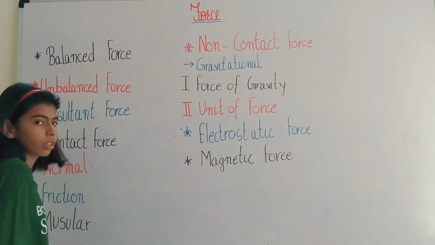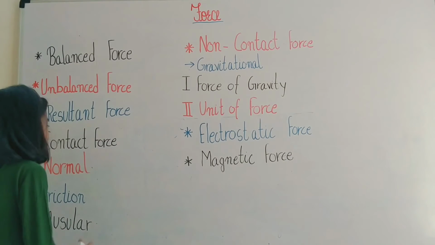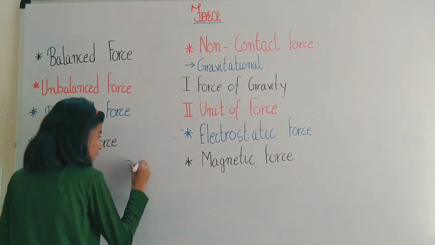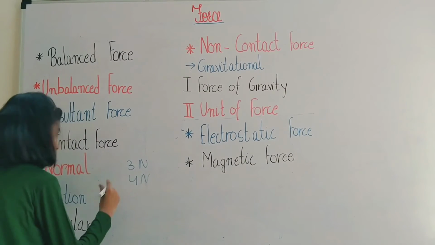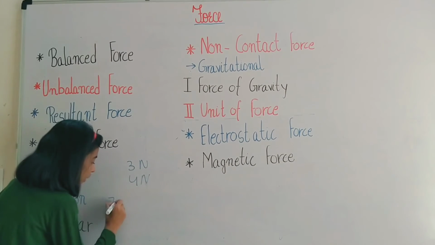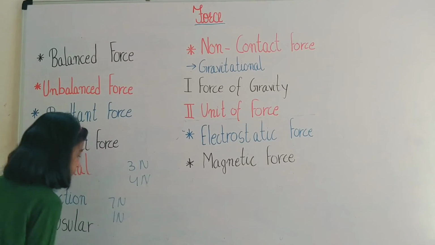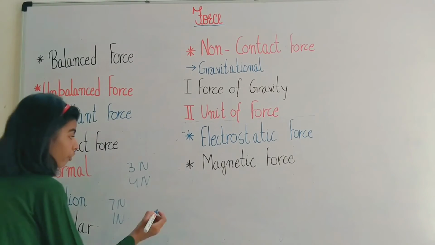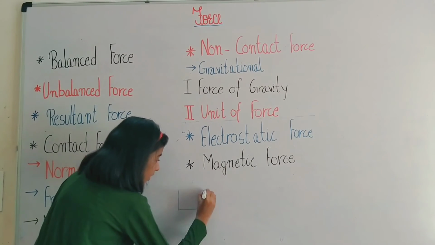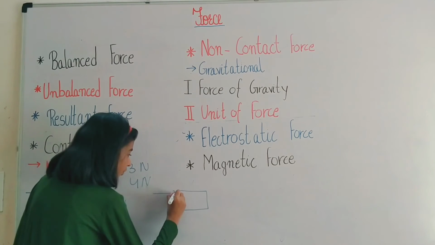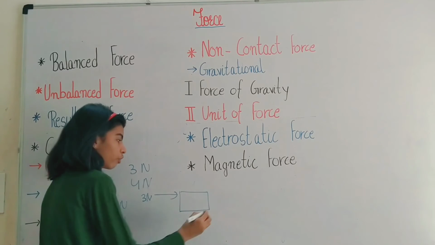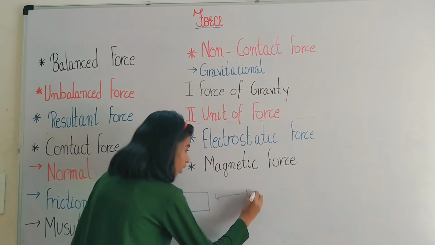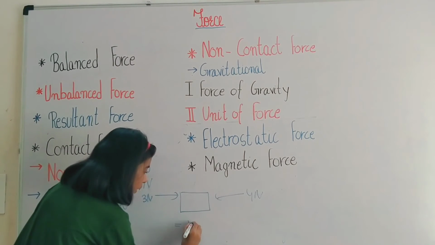So the next question is that we have two forces of 3 Newton and 4 Newton. How can we convert these two forces into 7 Newton and 1 Newton? So friends, if this is an object, and we apply a force of 3 Newton from this direction and 4 Newton from this direction, the net force will be 1 Newton.